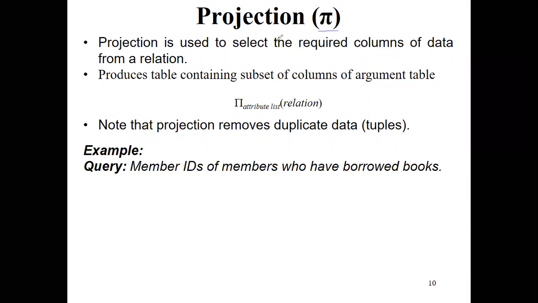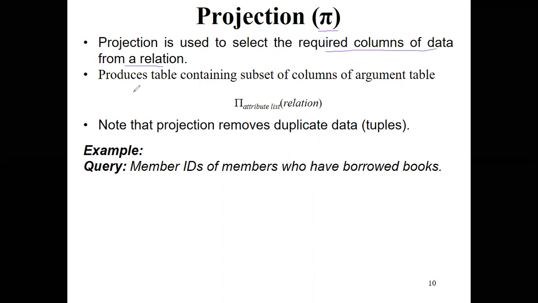So what is actually projection? Projection means we use it to retrieve the columns of a relation. Whenever I want to retrieve the attribute values from the relation, I can go for the project operator, using the symbol pi. So projection is used to select the required columns of data from a relation.